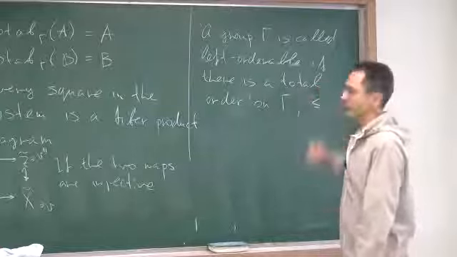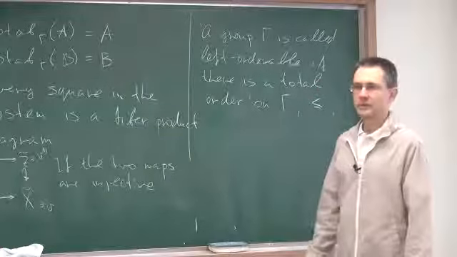So each element is at most itself. If you have A is at most B and B is at most A, then A must be equal to B. That's the anti-symmetry. And transitivity means that if A is at most B and B is at most C, then A is at most C. So that's a partial order, and you call it total if... So what's the definition?